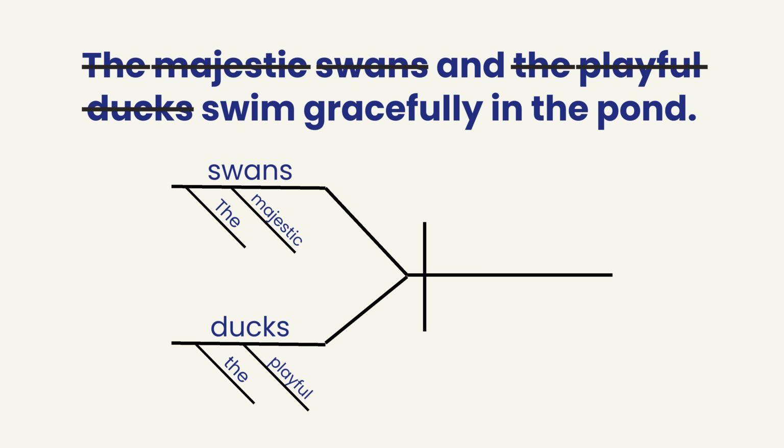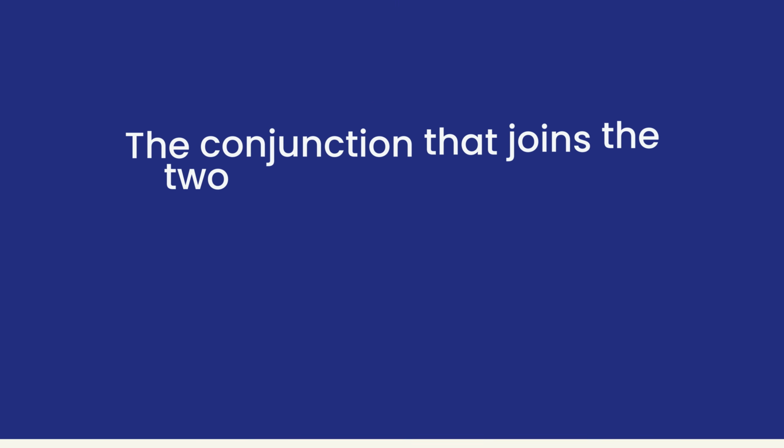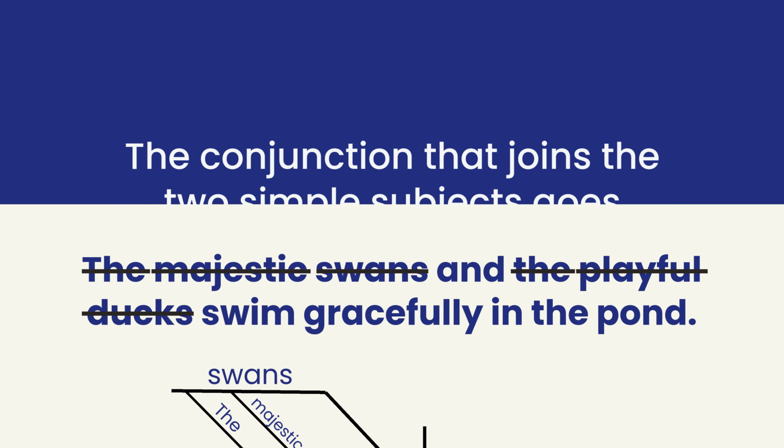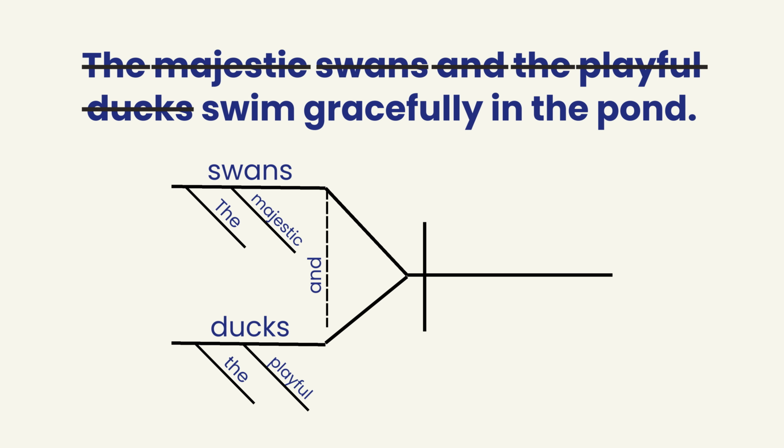Now, where shall we put the conjunction and? The conjunction that joins the two simple subjects goes beside the broken line joining the two nouns, like this. As for our predicate, we place the verb swim on the horizontal line on the right side of the vertical line, and then place our modifiers below it, the adverb gracefully, and then the prepositional phrase in the pond.